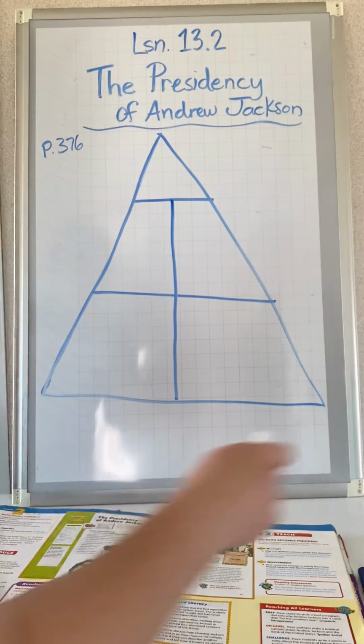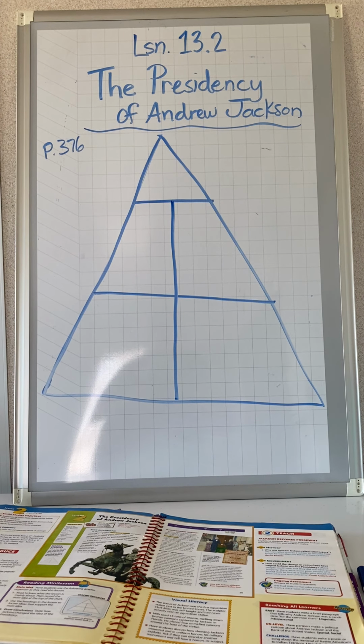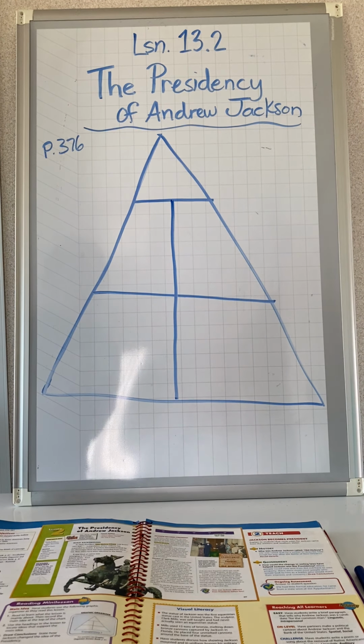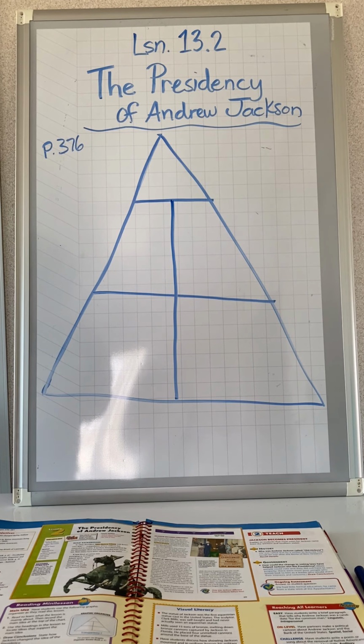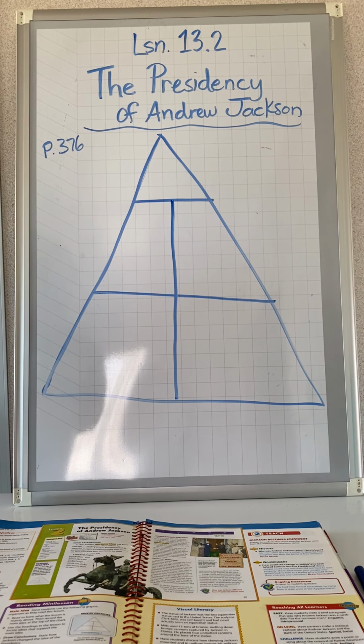All right, while you're getting that done, I'm going to read the build the background section, okay? So while you're getting that ready, in 1824, President John Quincy Adams told Americans that a population of 4 million has expanded to 12.